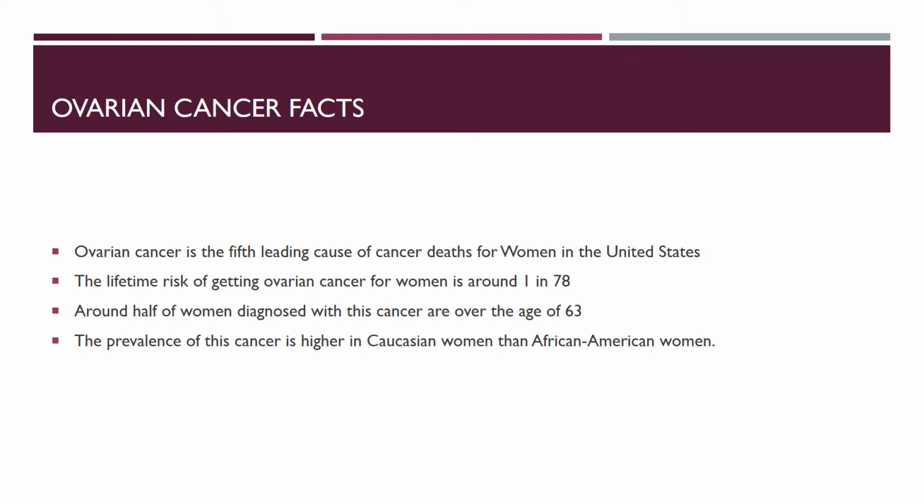Age is a big factor for ovarian cancer, and around half of the women diagnosed are over the age of 63. And it's important to note that the prevalence of this cancer is higher in Caucasian women than African American women. And we have to remember that for later on.